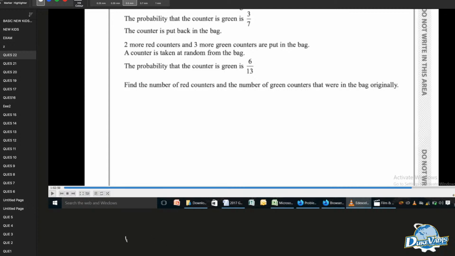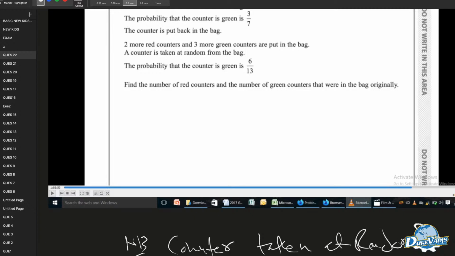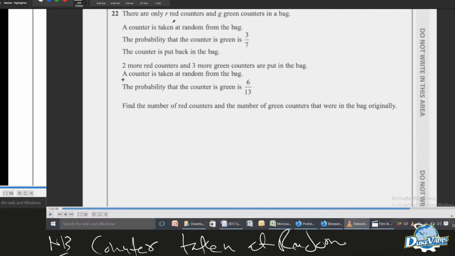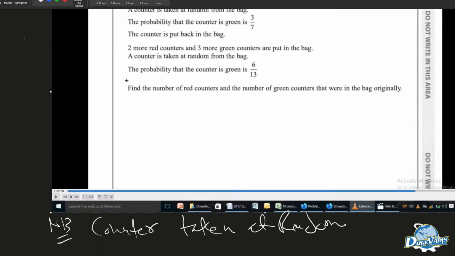Note that the counter is taken at random. Let's bear that in mind.